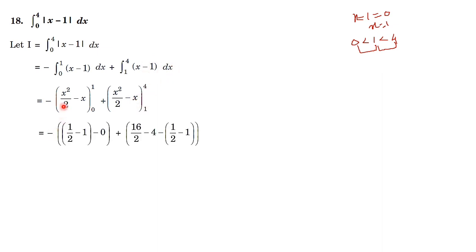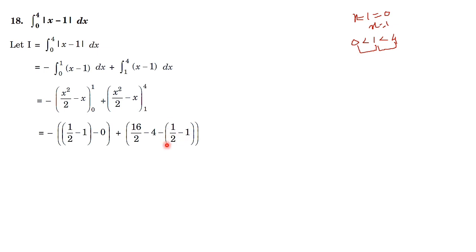Then minus of, here when we apply 1, that is 1 square is 1 by 2 minus, when we remove x and apply 1, that is minus 1 will be there, minus the lower limit is completely 0, so both the terms will be 0, then we can write it as 0, plus here 4 square is 16 by 2 minus 4, that is x replaced and substituted with 4. Then the lower limit, minus of 1, when we substitute, 1 square is 1 by 2 minus x replaced and put 1, that is minus 1.